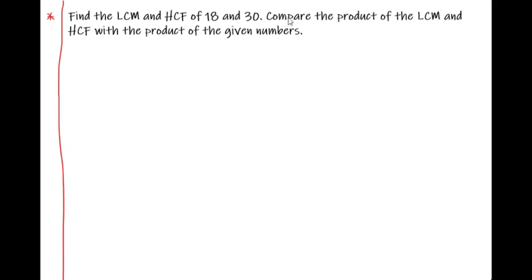Just see. Compare the product of the LCM and HCF. Product means multiplication. So we have to multiply the HCF and LCM. Here we are going to find the HCF and LCM. And when we find the HCF and LCM of these two numbers, we have to multiply them.